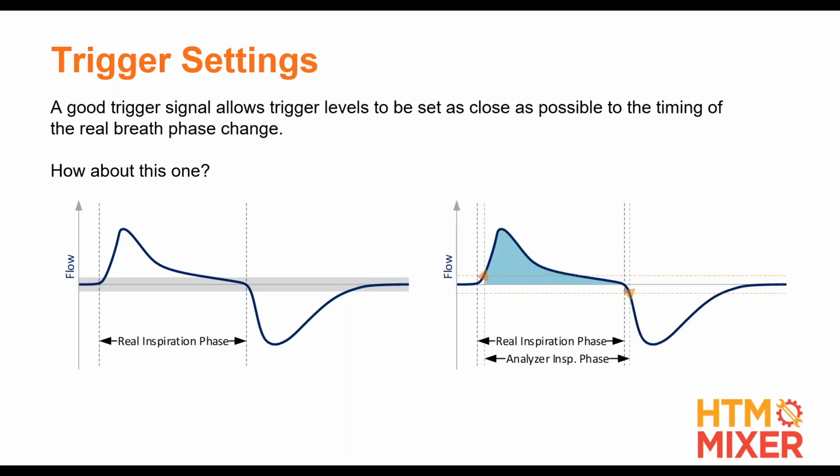However, it is a little shifted in time, right? Because we want to set our trigger settings just a little bit outside of the noise range. Sorry, this gray band would be where it's kind of noisy. So we want to start the trigger here, and then we're ending a little bit late. So you see the phase is about the same size, but it's just shifted a little bit. So that might slightly affect our timing. But it's still pretty good. It's still a pretty decent signal.